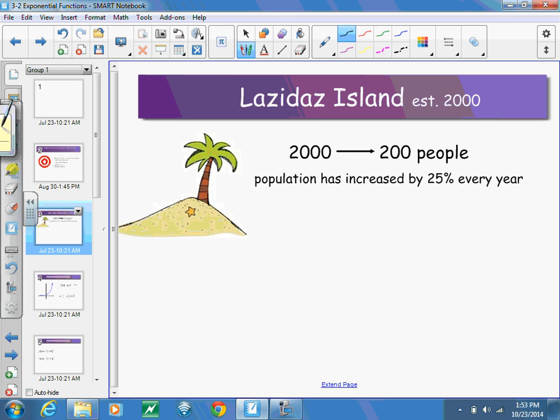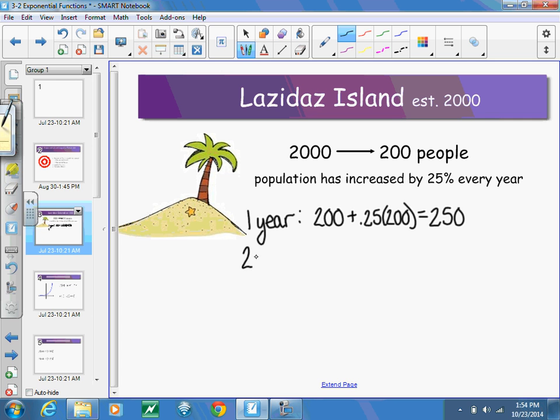So if we wanted to look at what's happening to this population over time, say we're trying to figure out the population after 1 year, what most people would do is take the 200 people we started with and add an additional 25% of that 200. So 0.25 times 200 gives us 50, and I end up with 250 people on this island after 1 year.